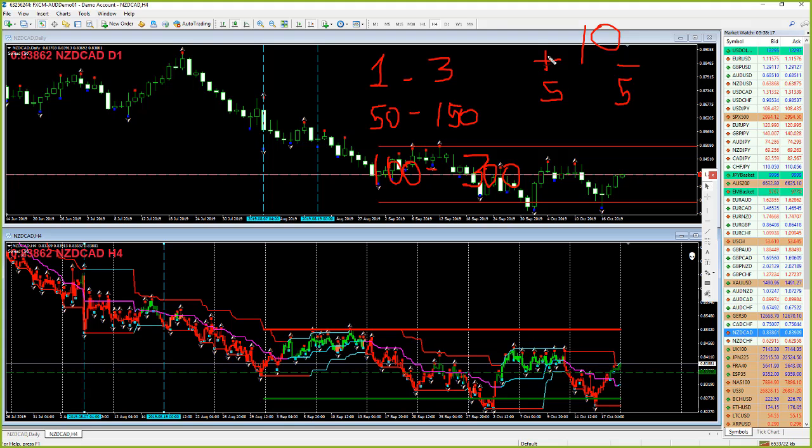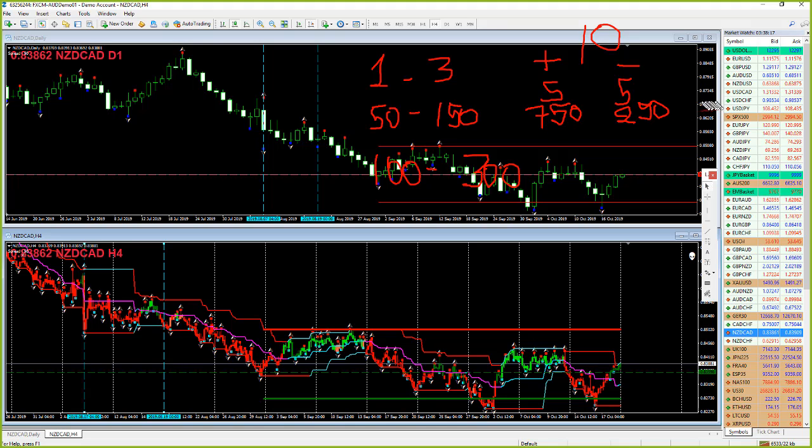So the 5 that lost money, remember that we put in 50 pips, so that means here I'm losing 250 pips on the negative. All right. But the other 5 that make money, which is 150 pips, times 5 would be 750.